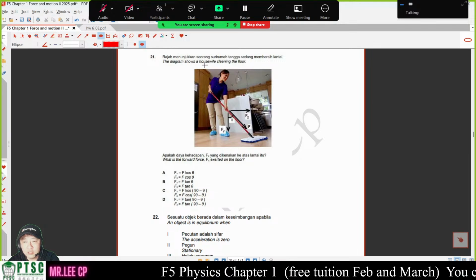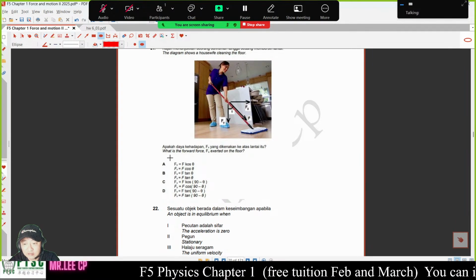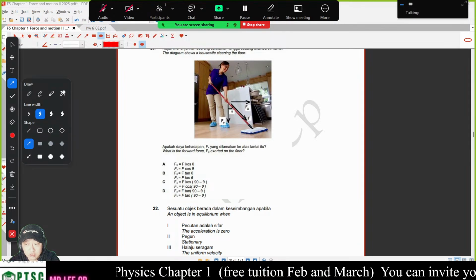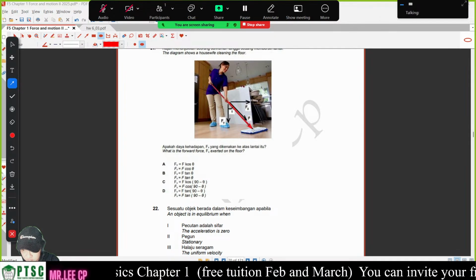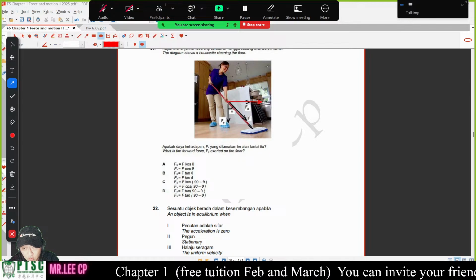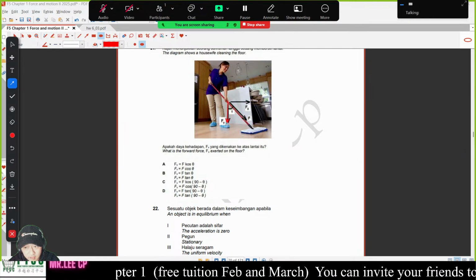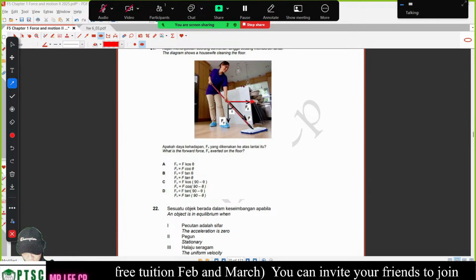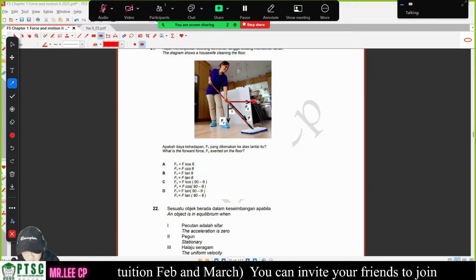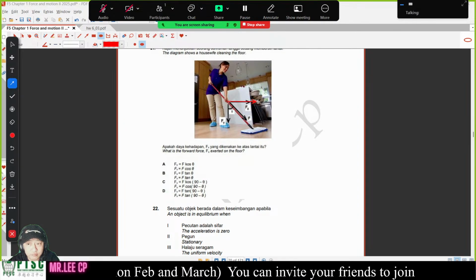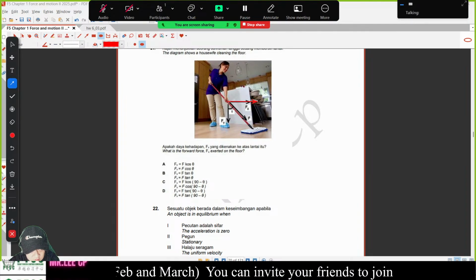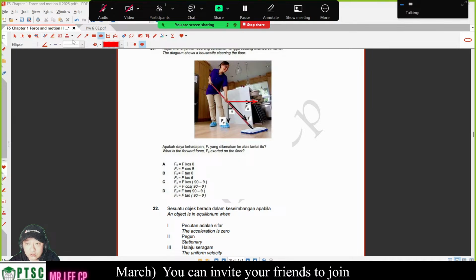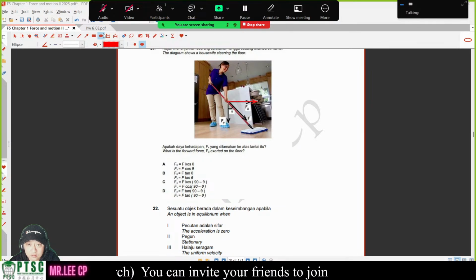Now, the diagram shows a housewife cleaning the floor. So what is the forward force? Forward force is the force that you apply. This is the downward force, Fy. This is the forward force. Touch or not touch theta? Not touching, so you use sine.